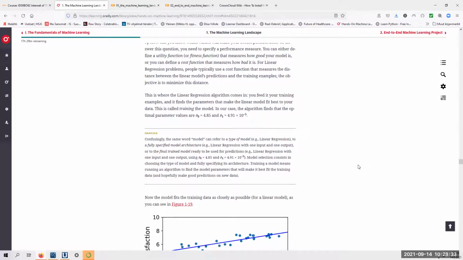But for this course, it's most important for us to understand the different terms and the general process. I think it's impossible to go very deep into these things.